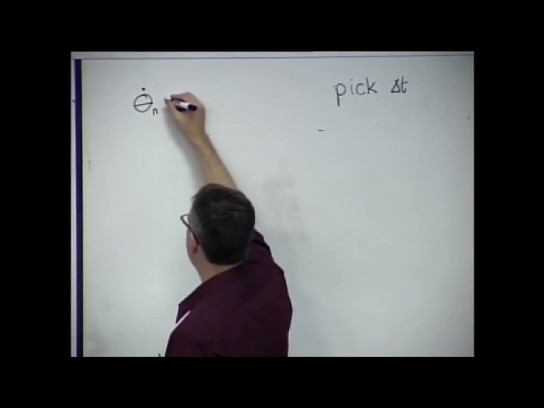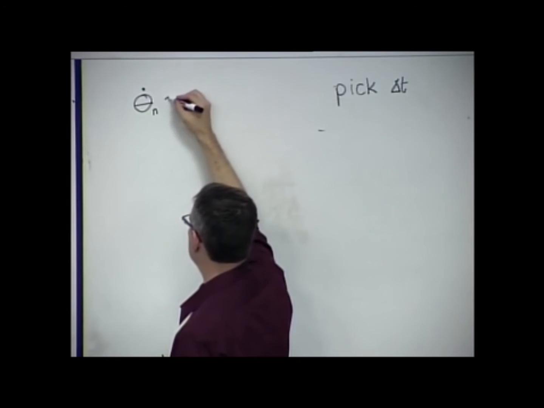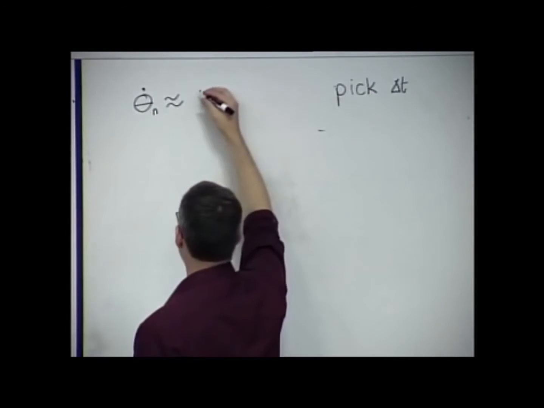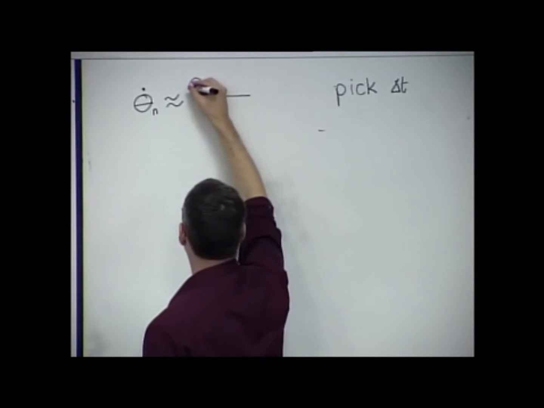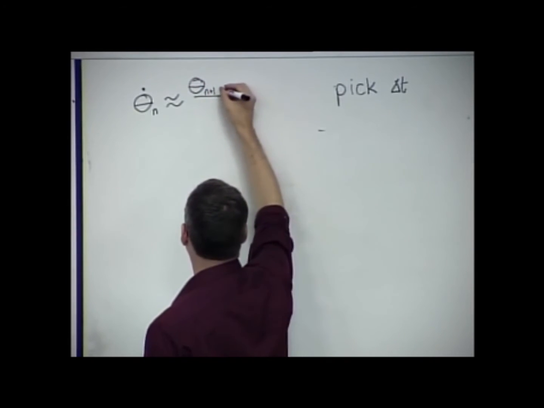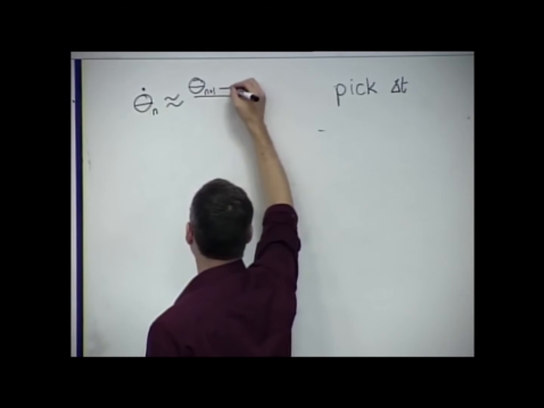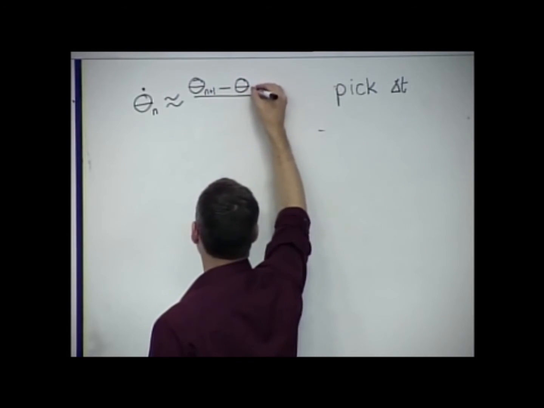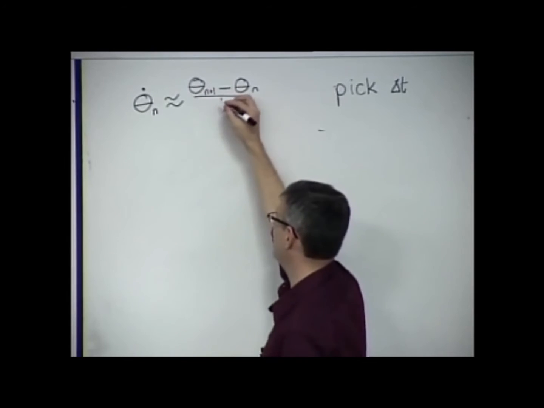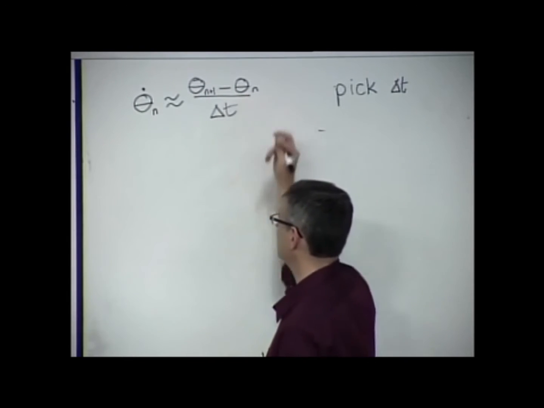If I can do that, then I can approximate this derivative wherever I see it in my dynamical equations as theta sub n plus 1 minus theta sub n, whatever I started with and whatever I ended with, divided by delta t.